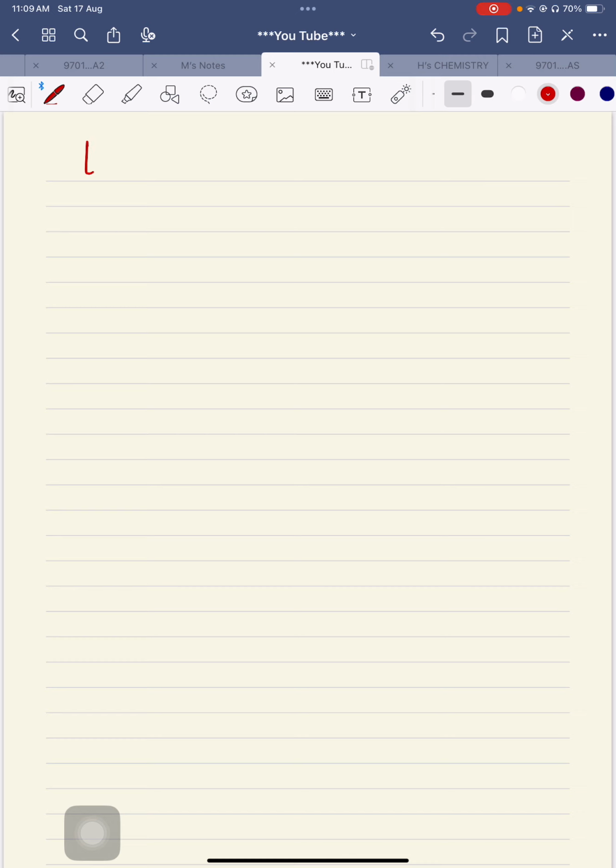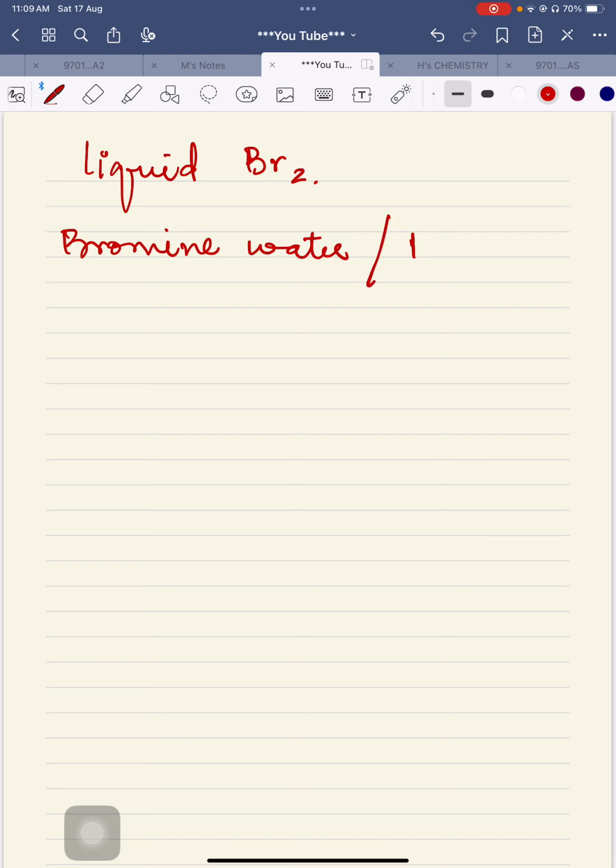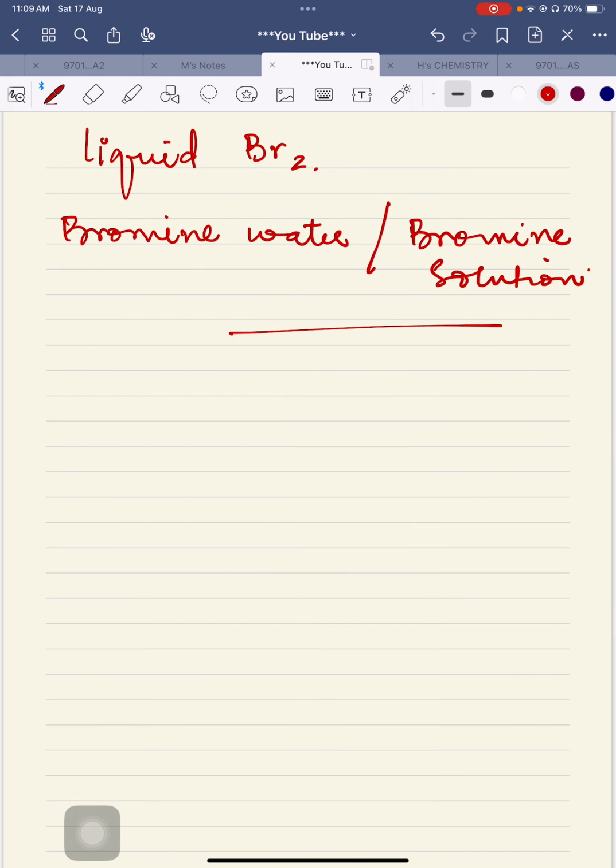It is to react the compound with liquid Br2, or you may say bromine solution, bromine water, or it can be simple bromine as well. So many words can be used by the examiner. Now, guys, we already know that bromine has a color, and that color is red brown.